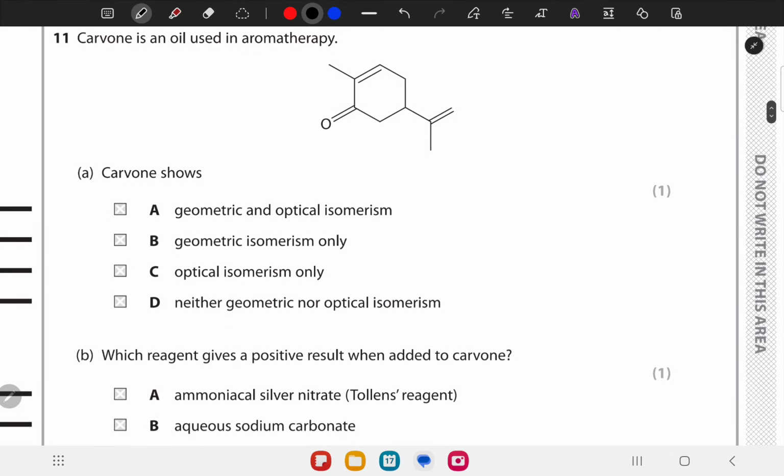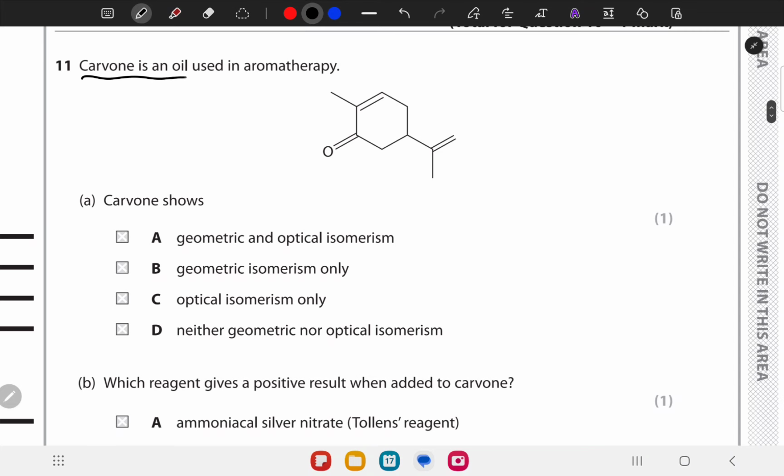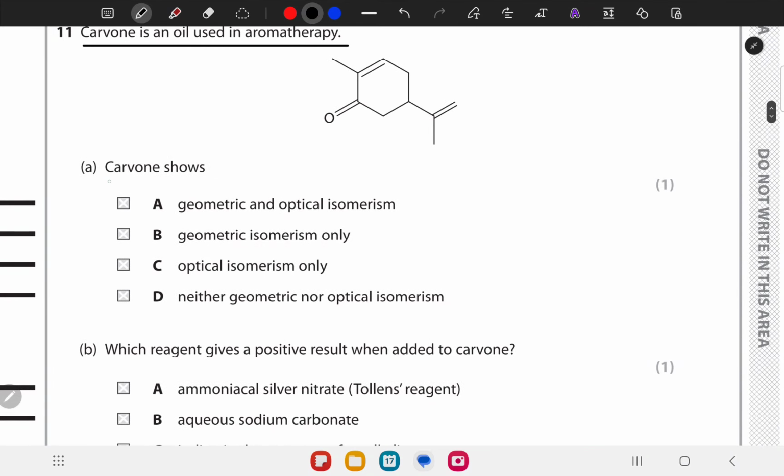In question 11, we are told that this compound is an oil used in aromatherapy. In part A, we have to tell if it shows geometric and optical isomerism, only geometric isomerism, only optical isomerism, or neither of them.